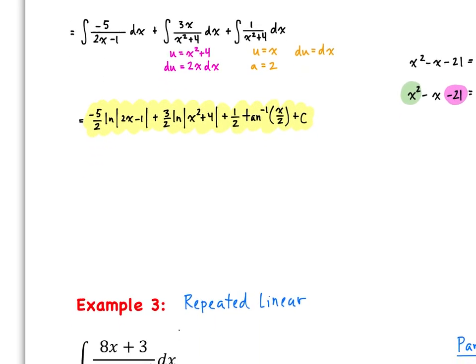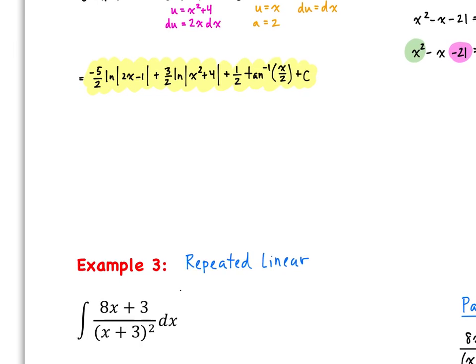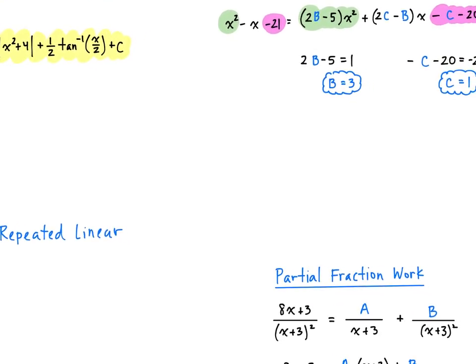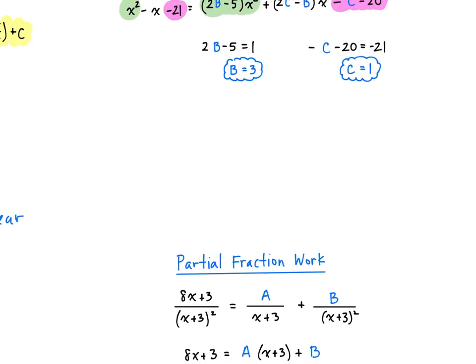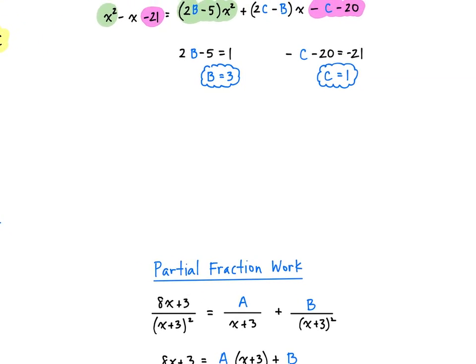Moving on to the final example here, we're going to look at a repeated linear factor. This denominator is already in factored form. As we get to our partial fraction work, I'm going to go through a little bit, and I want you to take care of the rest to see what A and B are.